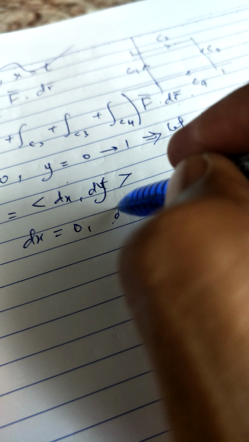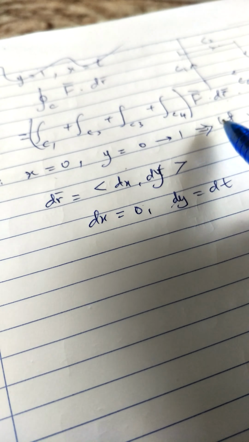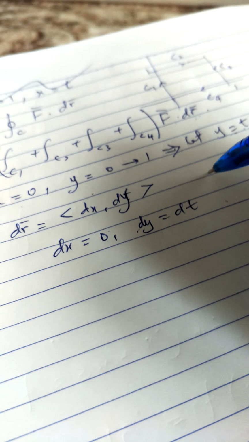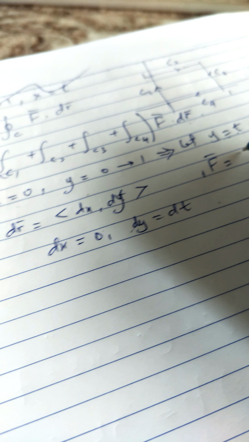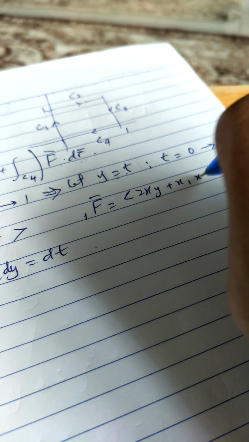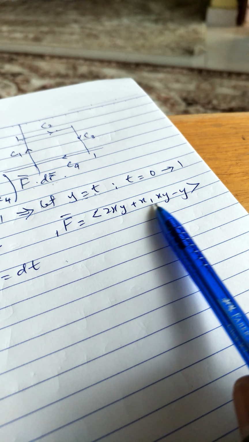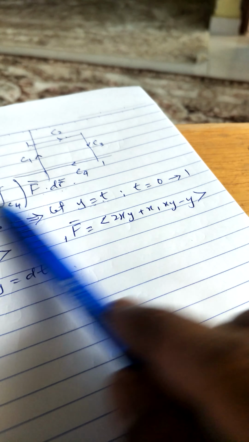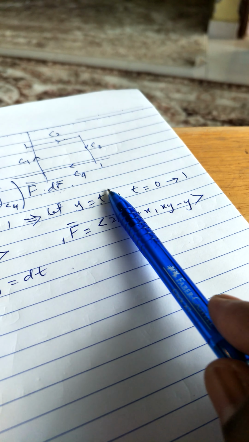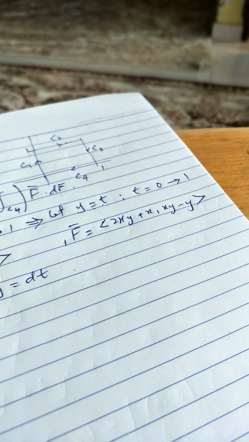Y equal to t, so dy equal to dt. Your F is given as 2xy plus x, xy minus y. You need to substitute all these x and y with the ones that we assumed earlier, y equal to t and x equal to 0.